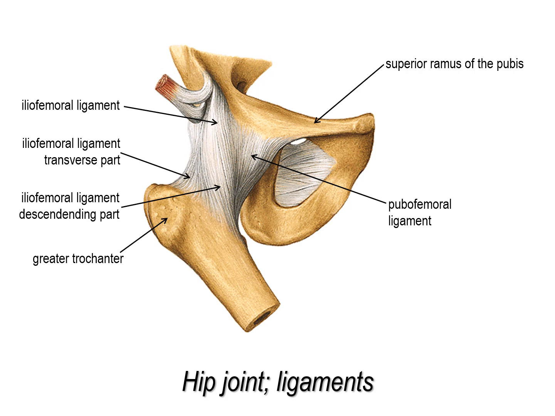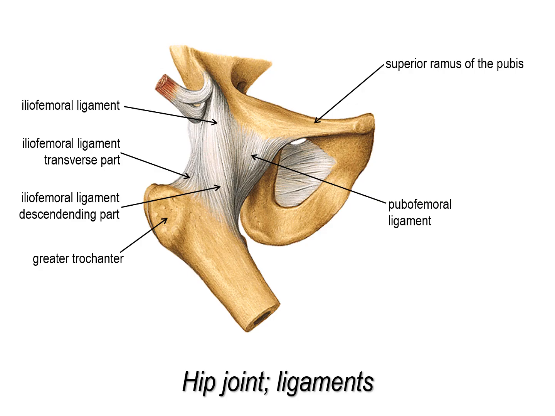Its apex is attached to the anterior-inferior iliac spine. The transverse part of the iliofemoral ligament is attached to the upper part of the intertrochanteric line, while the descending part is attached to the lower part of the intertrochanteric line.